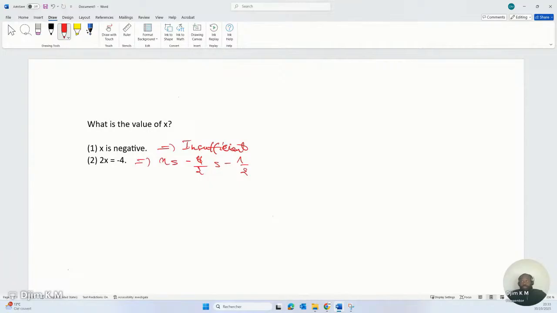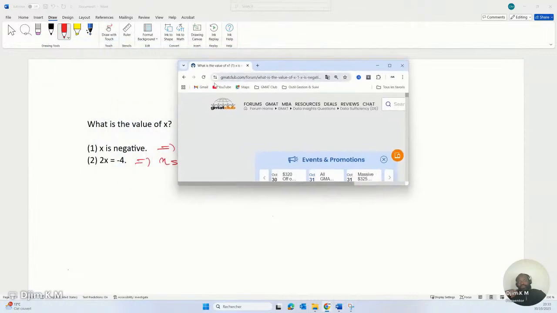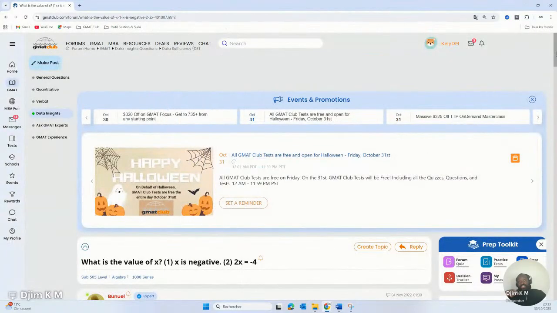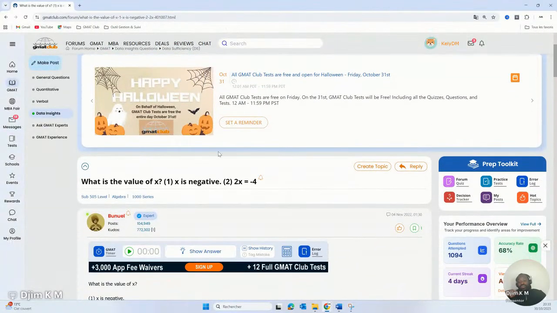So we have the value of x, which is minus 1 over 2. So definitely answer B is the correct answer. Okay, so answer B. Condition B alone is sufficient.